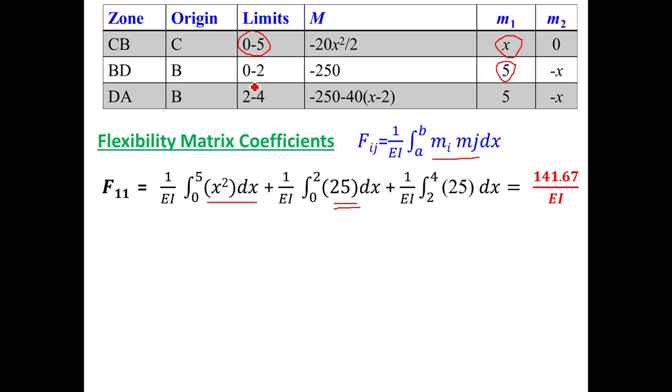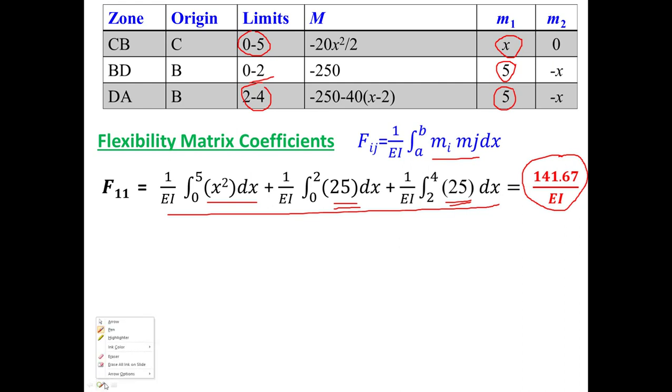Limits are 0 to 2. Third zone, again M1 column, element is 5. 5 into 5, 25. Limits are 2 to 4. Okay. So if you perform all three integrations and if you add together, the final answer of flexibility coefficient is 141.6 upon EI. That is F11. Okay. So this is first element.